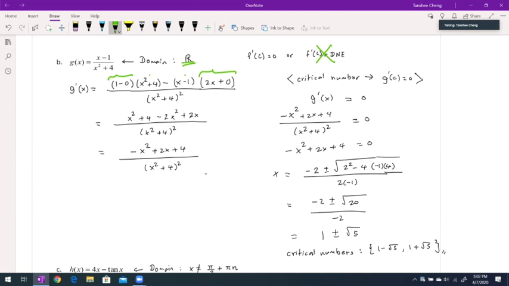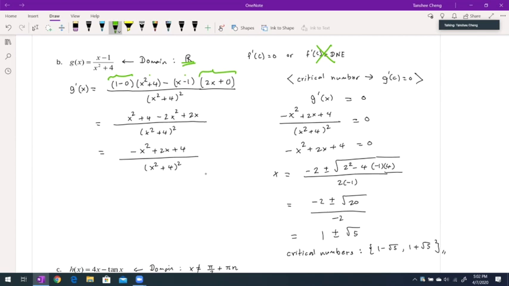So to find the critical numbers, we are only left with thinking about g prime of c equal to 0. So setting this derivative function equal to 0 and solving, I multiply both sides by the LCD to get rid of the denominator, so I get negative x squared plus 2x plus 4 equal to 0.